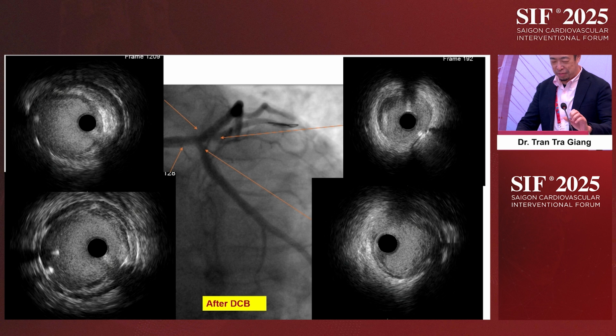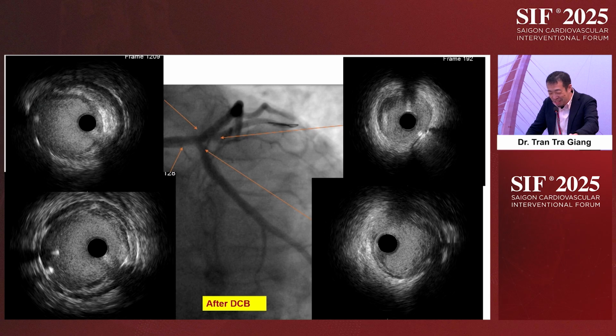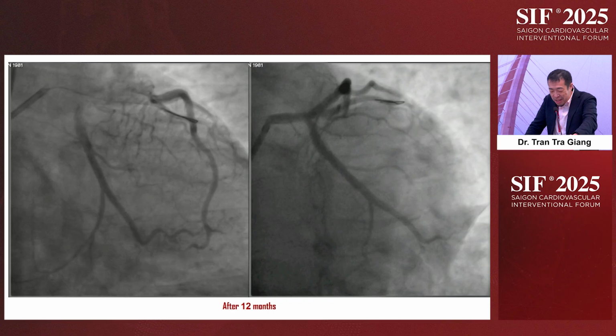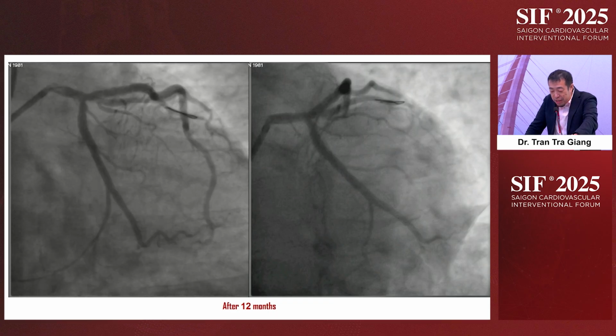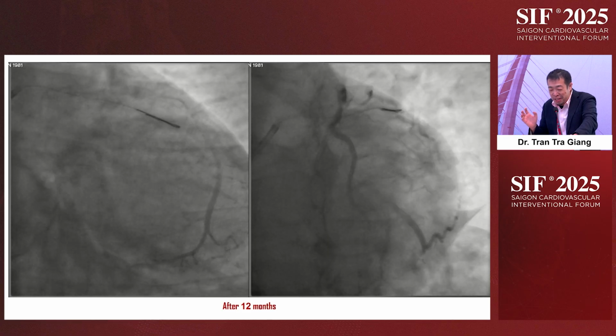The patient changed his life 100% between the first stenting and the second. I checked after one year of meditation.